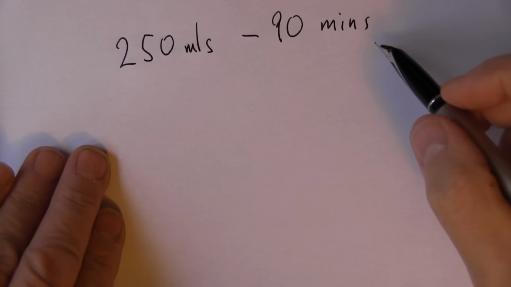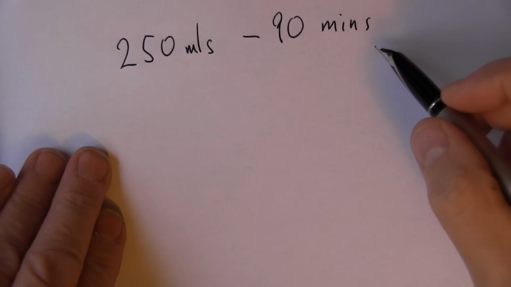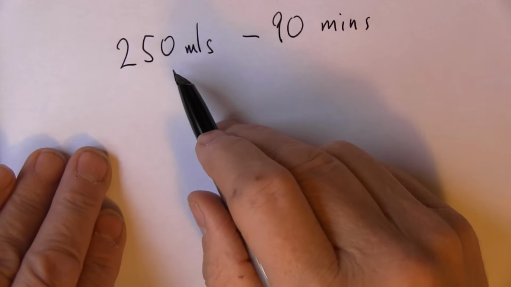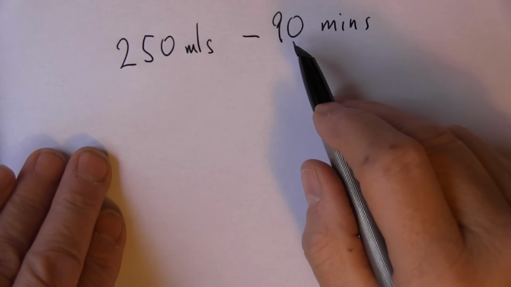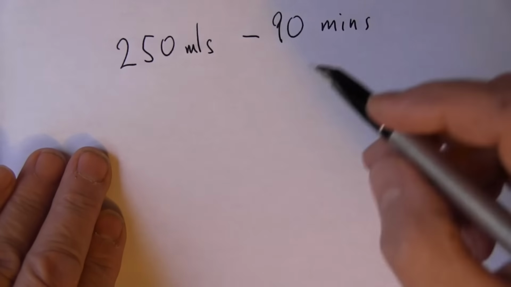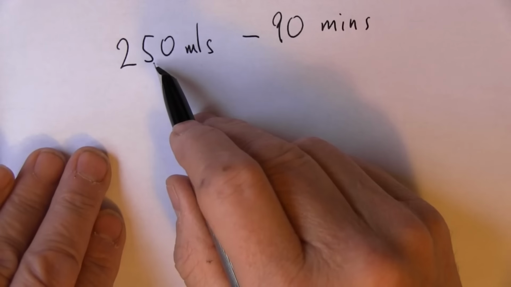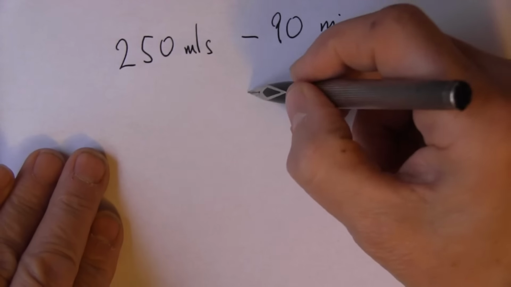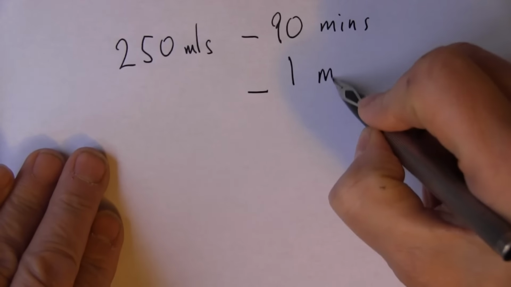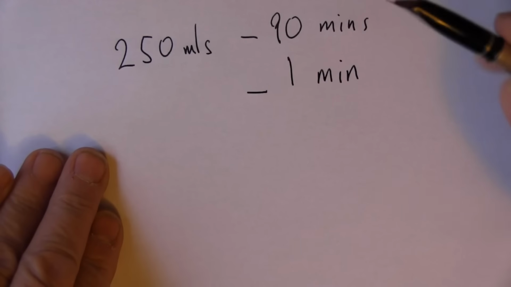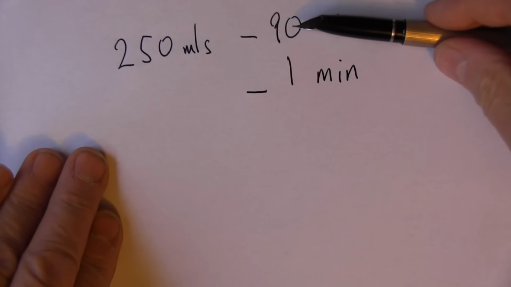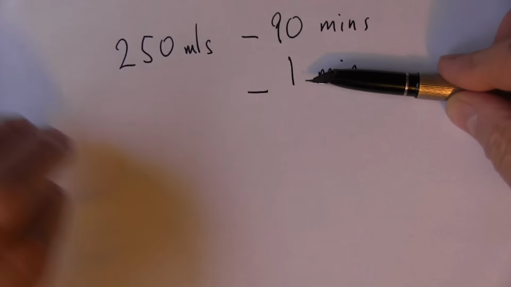So in this question we have the luxury of a volumetric pump, and the patient is prescribed 250 ml of fluid over 90 minutes. And the question is, if we're setting the pump in mils per minute, how many mils do we set it at per minute? So it's 250 mils over 90 minutes, but we want to give it over 1 minute. So what I've done there is divided 90 by 90 to get 1.